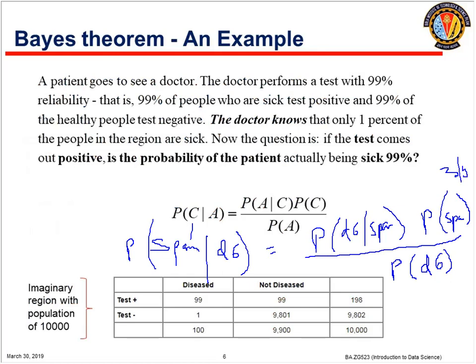The probability of D6 given spam we have already calculated, just multiplying the conditional probability of each word given spam. And what is the probability of D6? Now this is interesting. What is the probability of D6? The probability of the document.